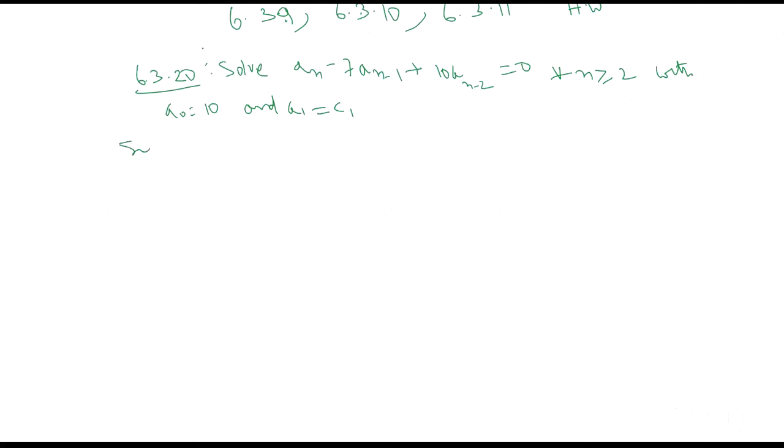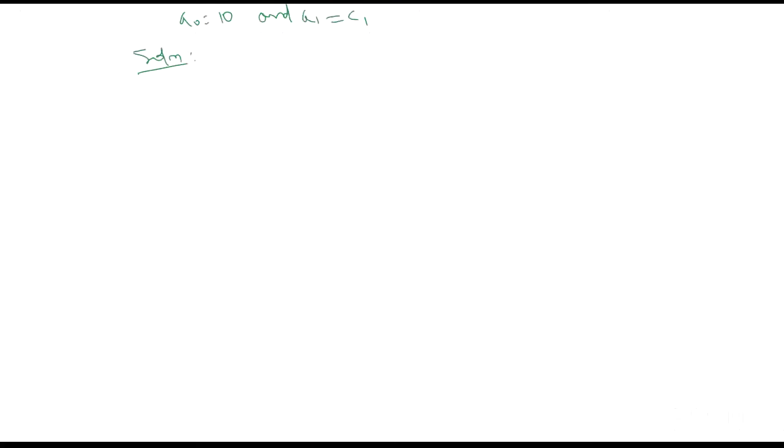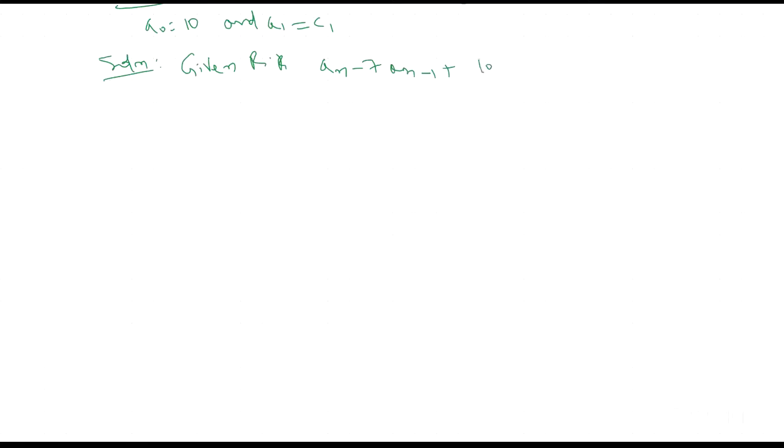Solution. Given recurrence relation: a_n minus 7a_(n-1) plus 10a_(n-2) equal to 0 for all n greater than or equal to 2.